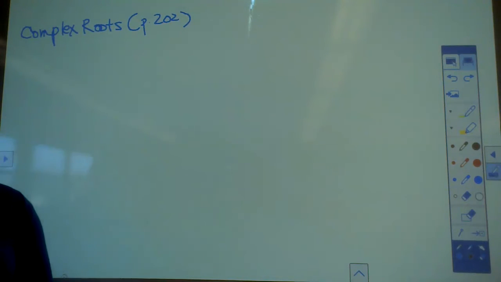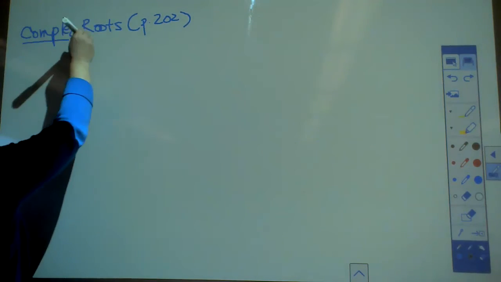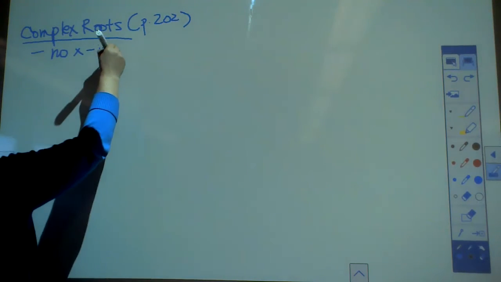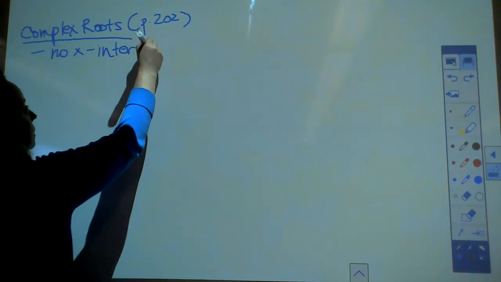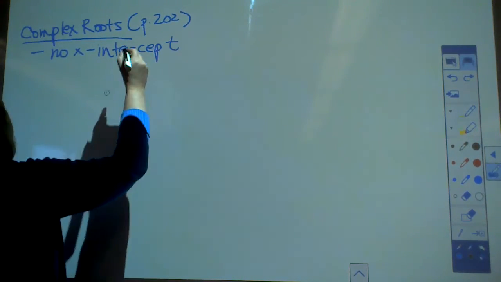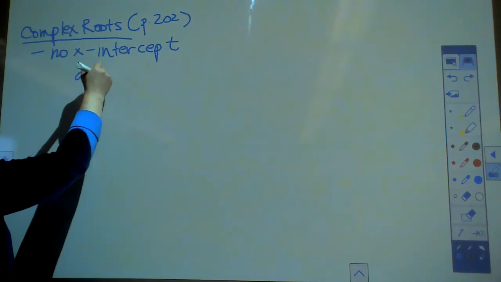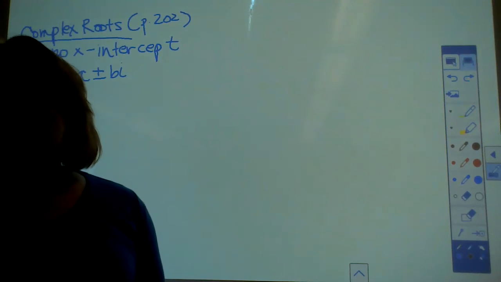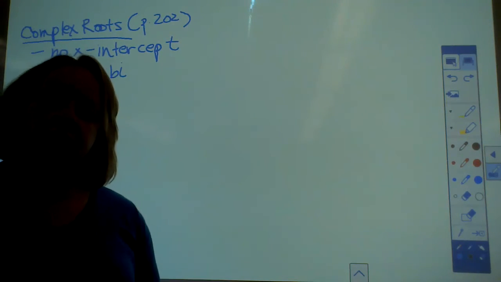This is where we're going to have no x-intercept, and your roots are going to be in this form, a plus or minus bi. They're going to be complex conjugates of each other. So if you know one, you automatically know the other one.